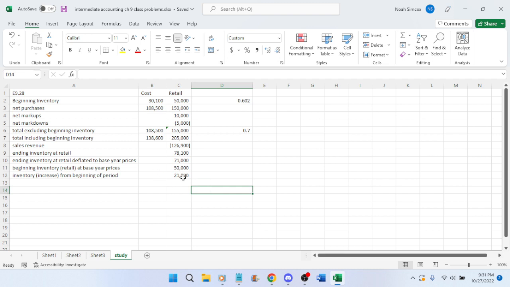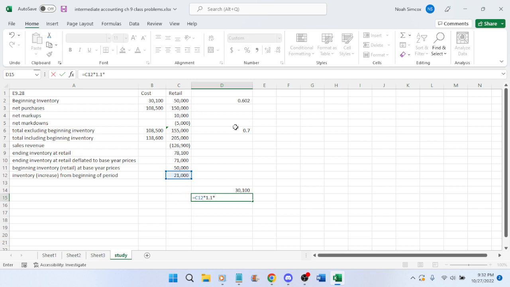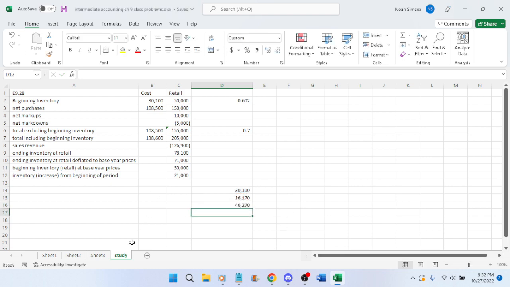So apparently we're going to have this and this. I don't even fully understand what we're doing, but I just know that we're doing this and this. We have this times 1.0 times this equals this times 1.1 times this equals this plus this. 46,270.